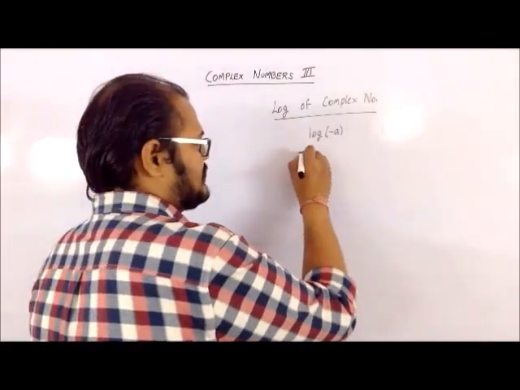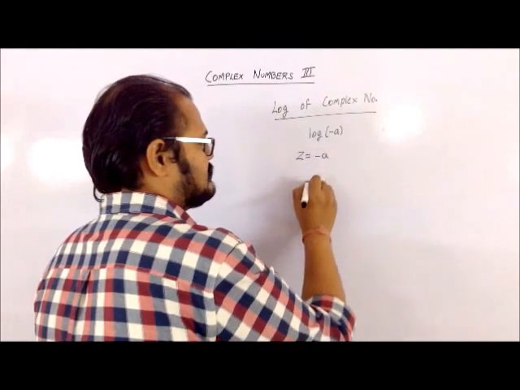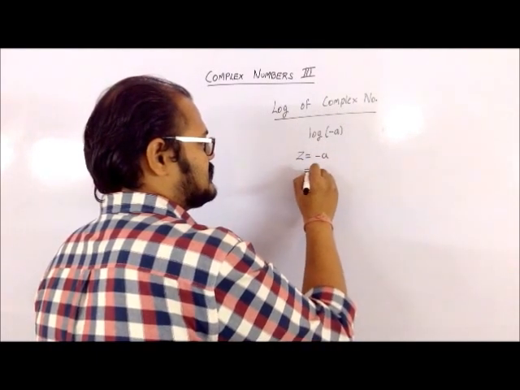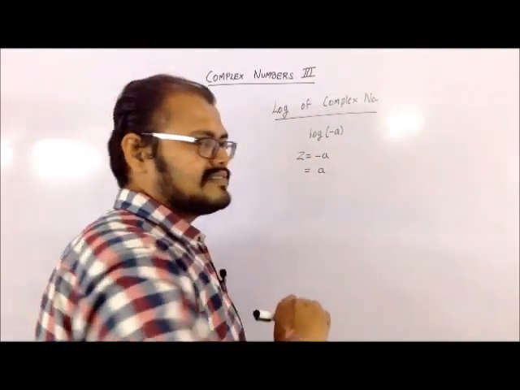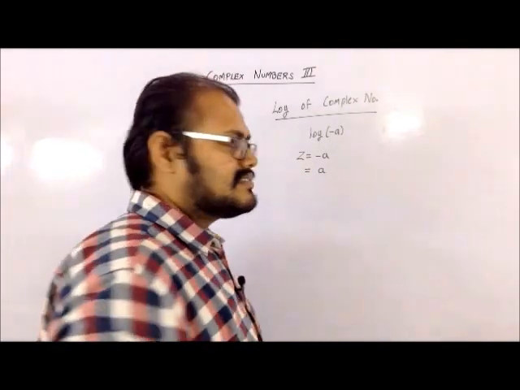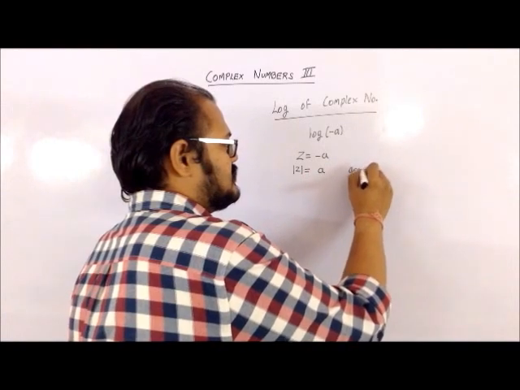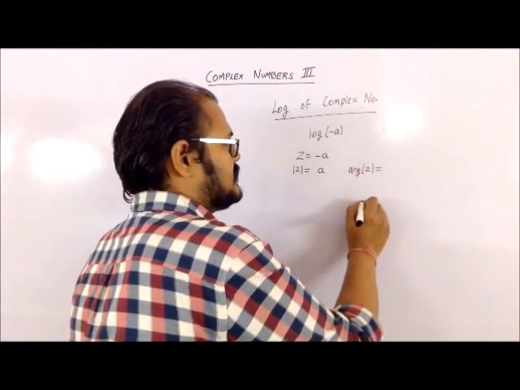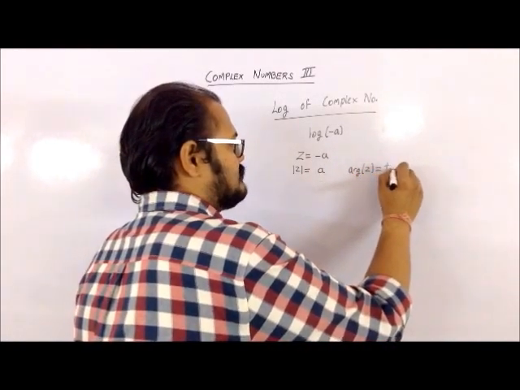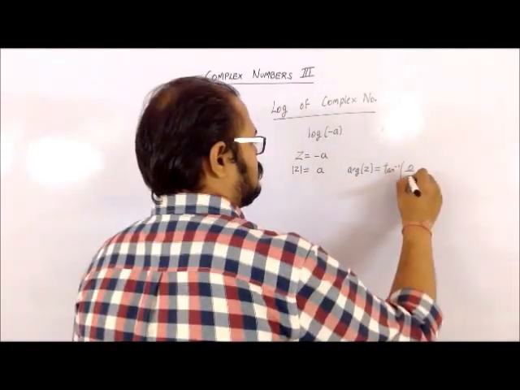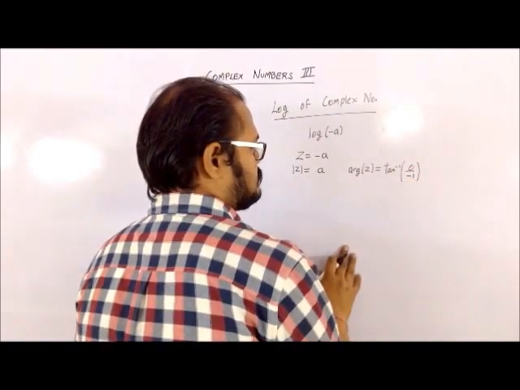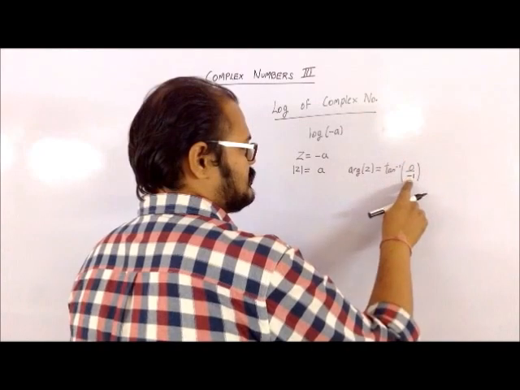So my z is minus a, the modulus of this is going to be a, and argument of z is going to be tan inverse of 0 by minus 1.